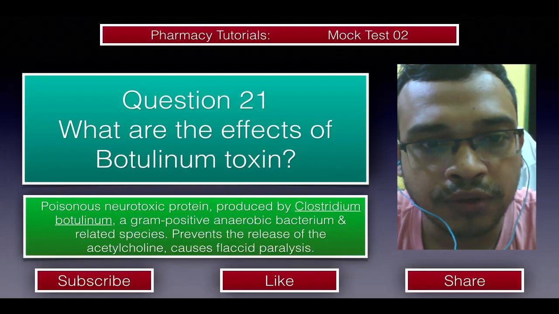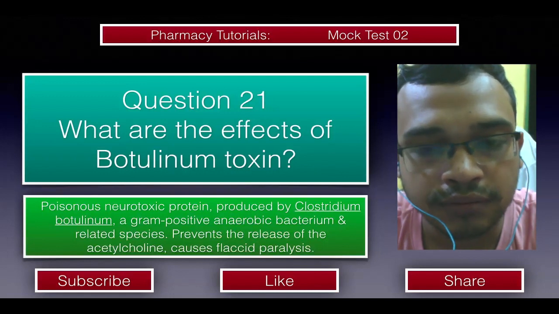Botulinum toxins are poisonous neurotoxic proteins produced by Clostridium botulinum, which is a gram-positive anaerobic bacterium, and their related species. Botulinum toxin prevents the release of acetylcholine and causes flaccid paralysis.